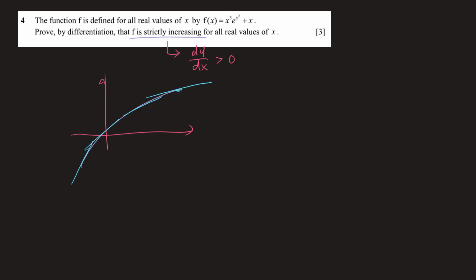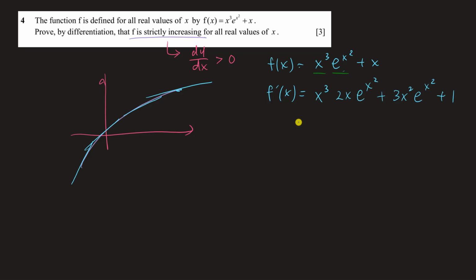So knowing this, of course, we will go ahead and start finding dy/dx. So if f(x) is actually just x³e^(x²) plus x. Differentiating this would just be applying product rule here because there are two items. We will hold the first one, we differentiate this. Differentiating this just gives us 2x e^(x²) plus, do the opposite, we will hold e to the power of x², we differentiate x³, we get 3x² e to the power of x², plus 1.